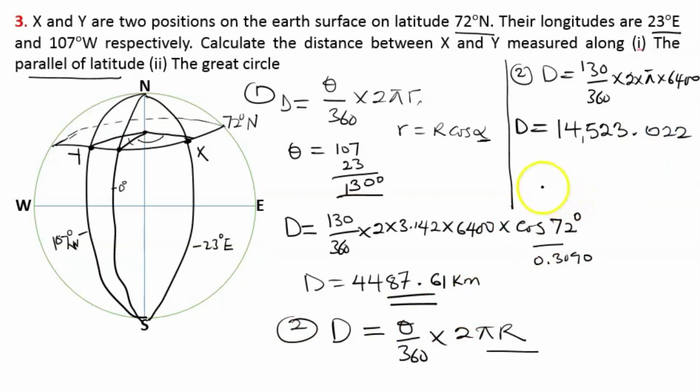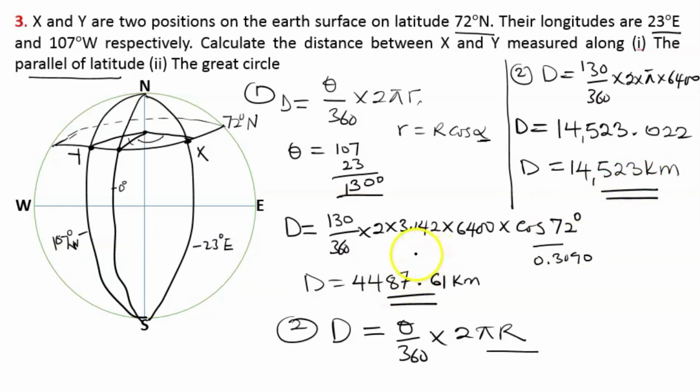They didn't tell us what to round to, so let's just say to the nearest kilometer. We are going to have 14,523 kilometers, and that is the answer for this.